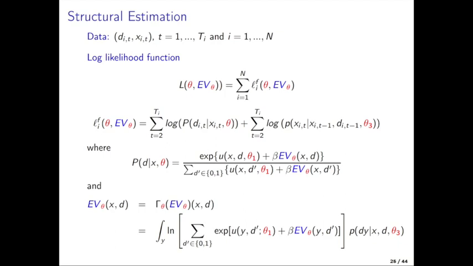So what we have here is we start with data on replacements, or data on the discrete decisions, DIT, and data on the state variables. In this case, mileage since last replacement for each bus I, or each cross-sectional unit I, at each time period. Now, to estimate this model, we don't really need full long-length panel data here.